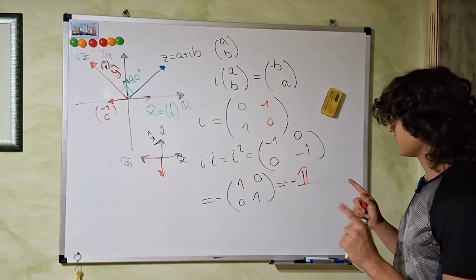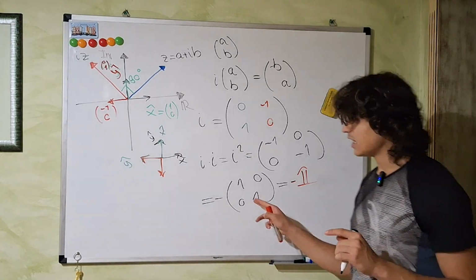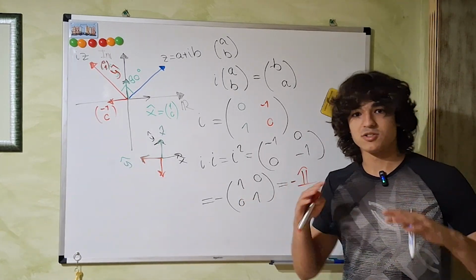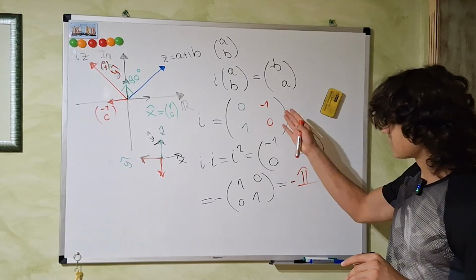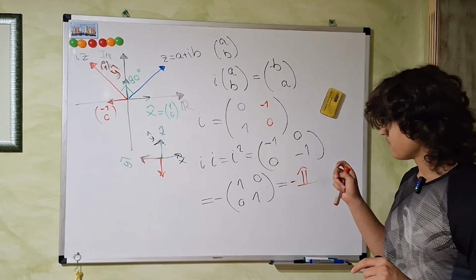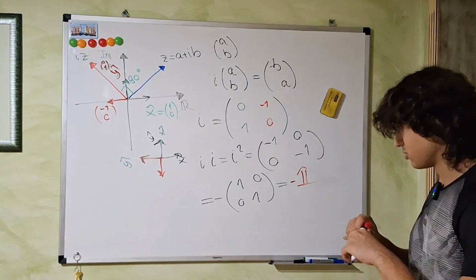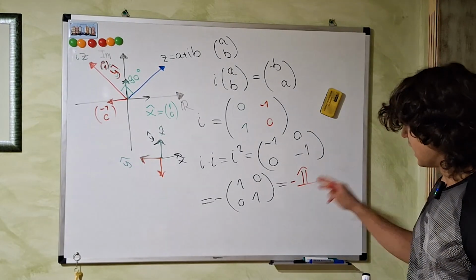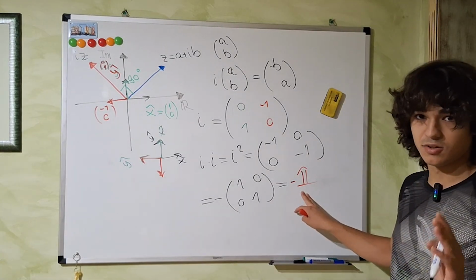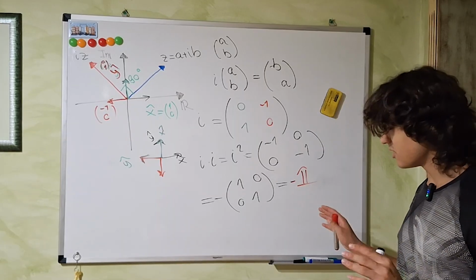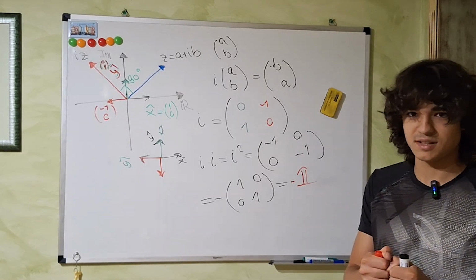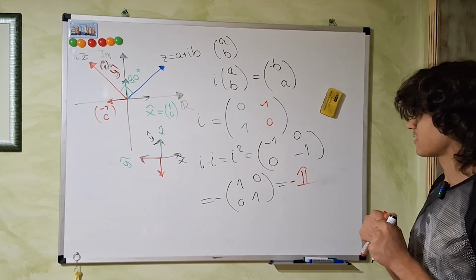The only problem with this approach is that i is not a complex number, because complex numbers are vectors, and in this case, even though everything sort of works, i is not a complex number. It's something that does something to complex numbers, but it isn't really a complex number.